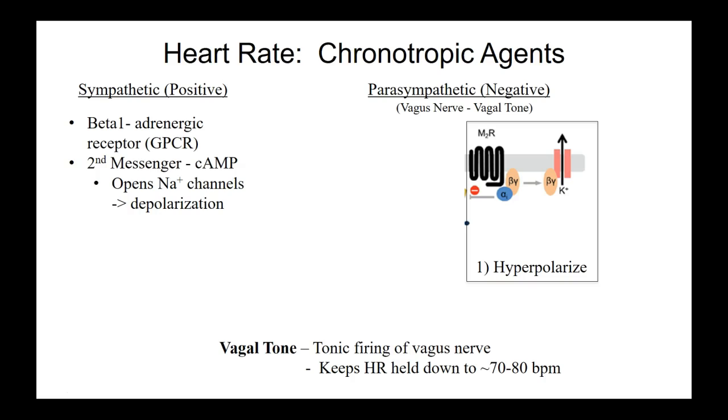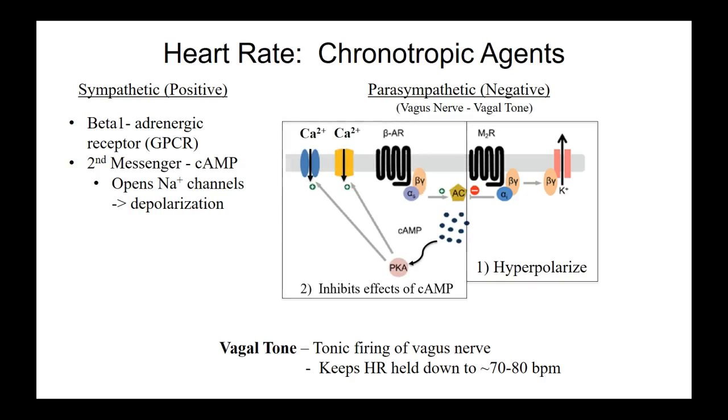The other thing, stimulating the same receptor, this cholinergic receptor, is that it actually inhibits the sympathetic ability to open those cyclic AMP-gated sodium ion channels. And it does so by basically inhibiting adenylate cyclase, which makes cyclic AMP. Right?